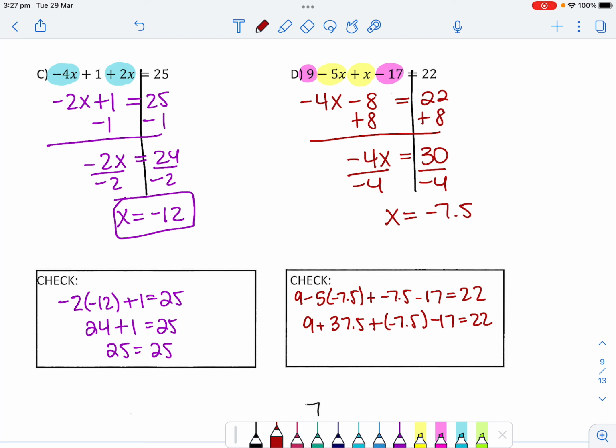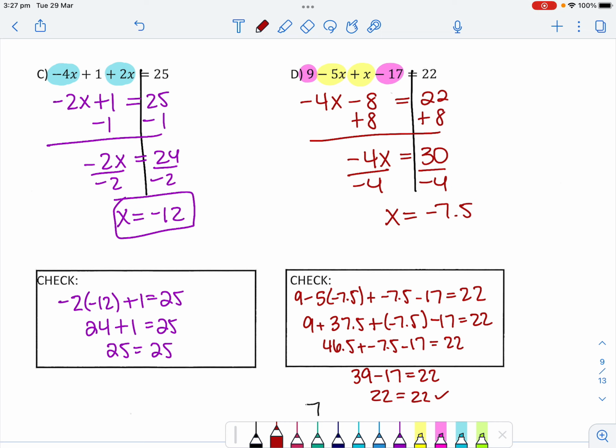Plus 9 is going to be 46.5 plus negative 7.5 minus 17 equals 22. It's going to be 39 minus 17 equals 22, and 39 minus 17 equals 22. So I know I've got the right answer here.